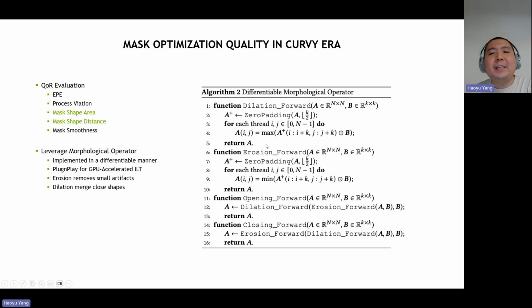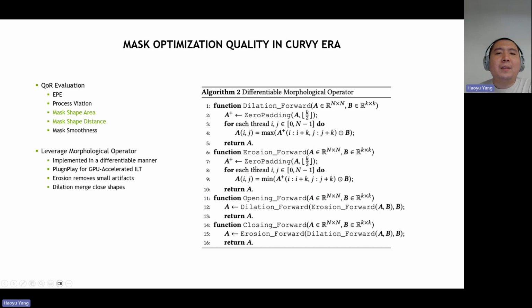Those can be easily achieved with basic PyTorch operators, and are enhanced plug and play for any GPU accelerated ILT algorithm. First, the erosion tries to remove the smaller artifacts generated during the ILT stage. The dilation merges the close shapes, where there would be a small channel in the prior algorithm, but with the help of dilation they can be merged.